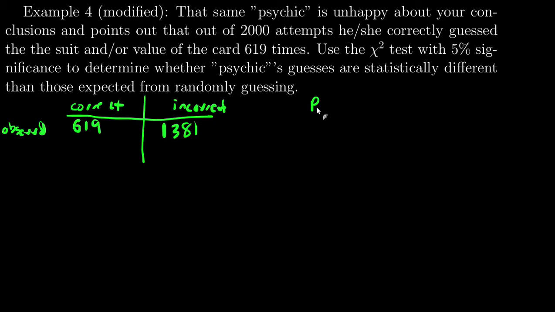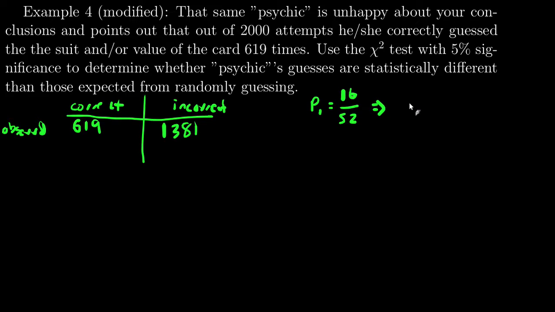So the probability of being correct, well, there are 13 cards in each suit and 4 cards of each value, but one of those is also in the same suit, so there are 13 plus 4 minus 1, so 16 cards that would be correct in this case out of the 52 total.